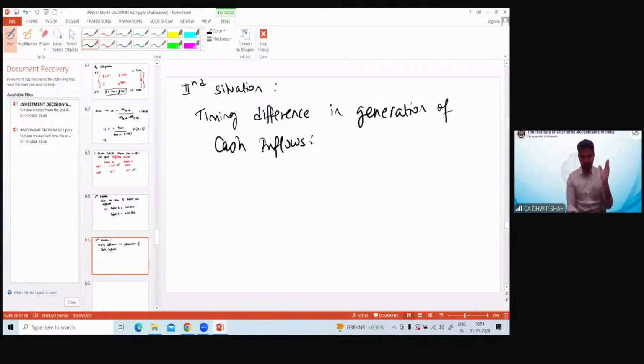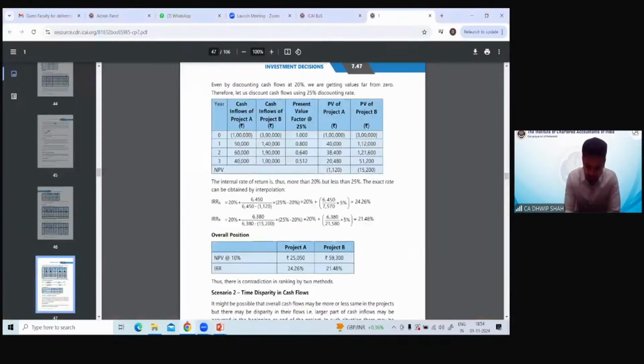There would be conflict in the result between NPV and IRR. One project generates major cash inflows at the starting itself. Another project generates more cash inflows in the later years. So in that case also there would be conflicting results. So scenario 2 is time disparity in cash inflows.